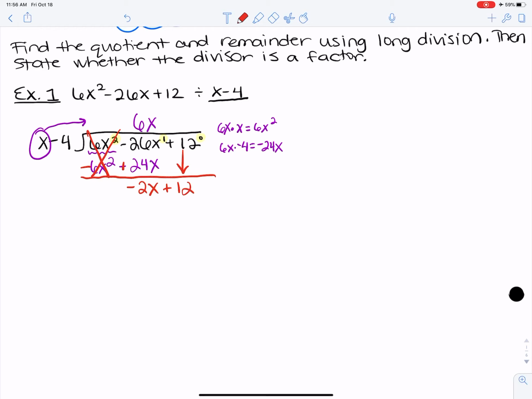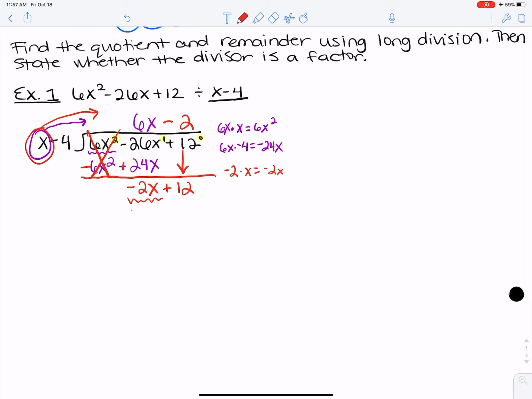This time, how many times can x go into negative 2x? What times x equals negative 2x? Oh, it's negative 2. And so then you put that at the top. It's a constant term this time, so you put it above the constant term. Now we multiply.